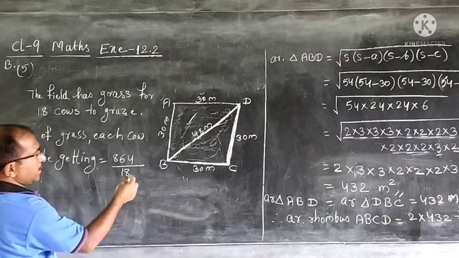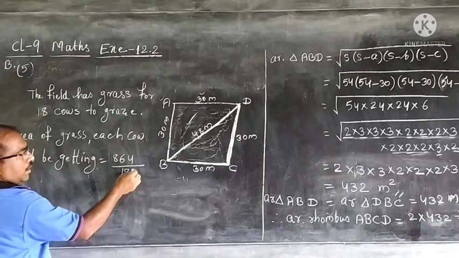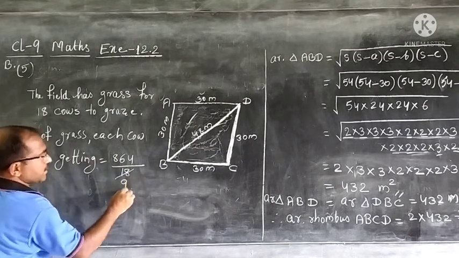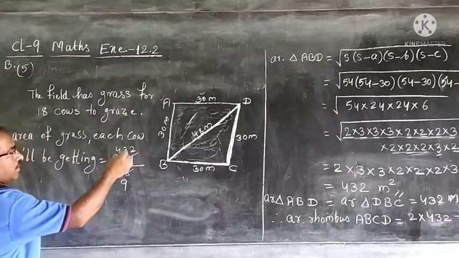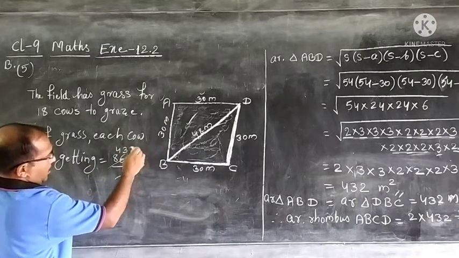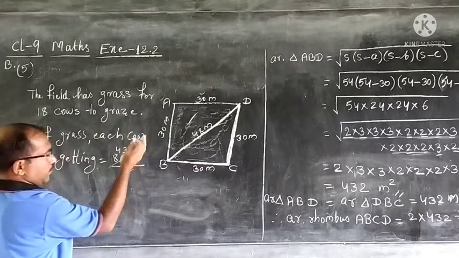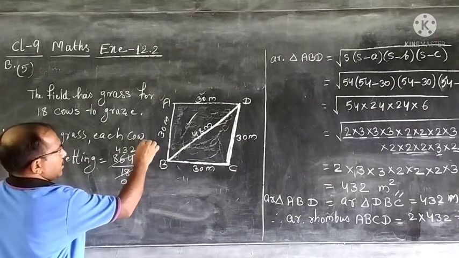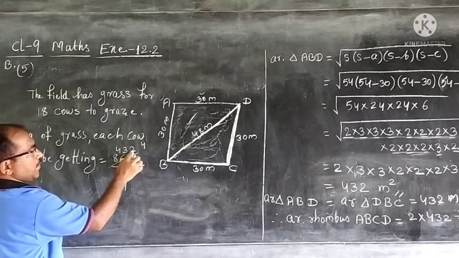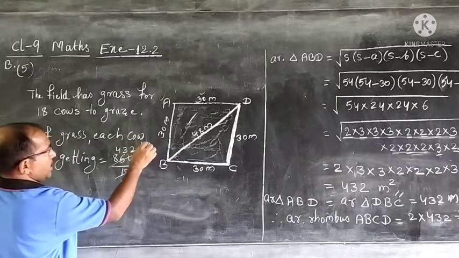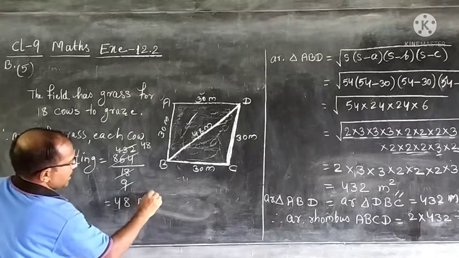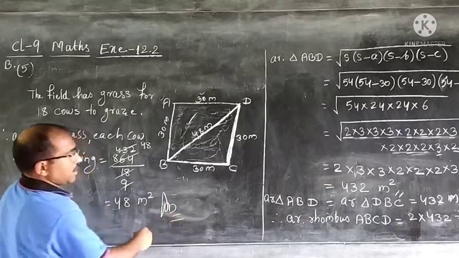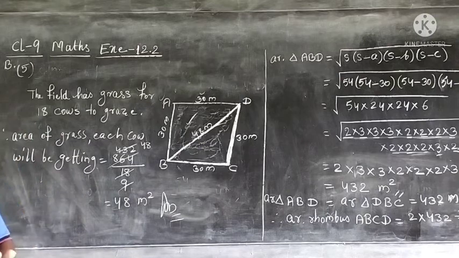If we can cut directly by 18, it is good. Otherwise, go by 2, 2 9s are 18, 2 4s are, 2 3s are, 2 2s are. Now 9 4s are 36, 9 5s are 45 cannot, 9 4s are 36. Came here 72, 9 8s are 72. That means, for each cow 48 meter square area of grass is available to graze.